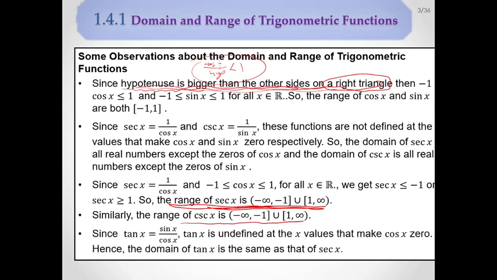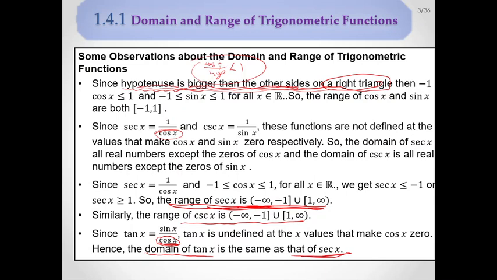And when it comes to the tangent, the only problem is the zeros of cosine x. So the domain of tangent x will be the same as the secant of x, because the secant x also does not want cosine x to be 0. So we exclude the zeros of cosine x for tangent x.